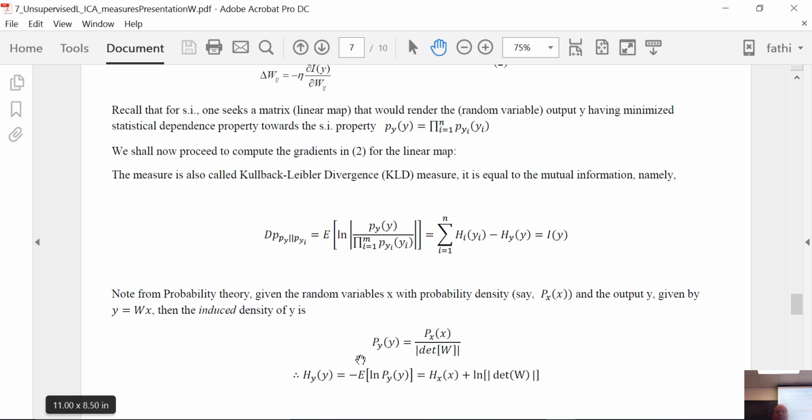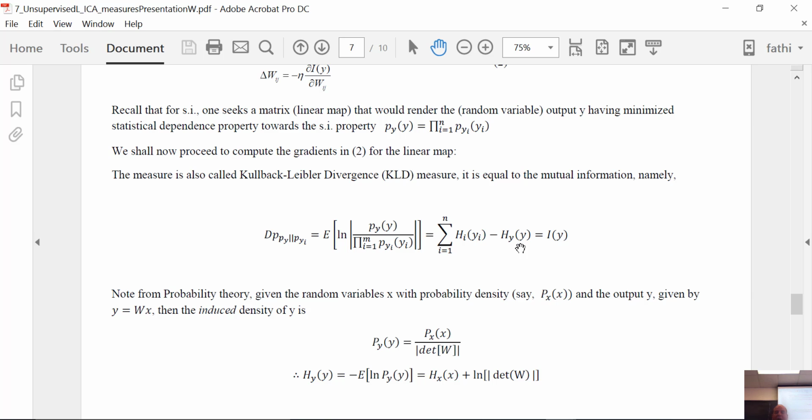If X has a probability density, the transformation renders Y with this density, divided by the absolute value of the determinant of the matrix. This is borrowed from probability. Okay? Once you have an expression like this, you can take this measure and do the math by replacing every time you need a p_Y of y with this quantity.